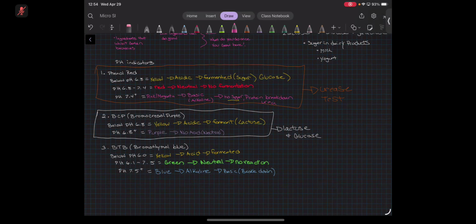So it's already acidic, right? We could take out the fermented sugar part. It's just acidic.